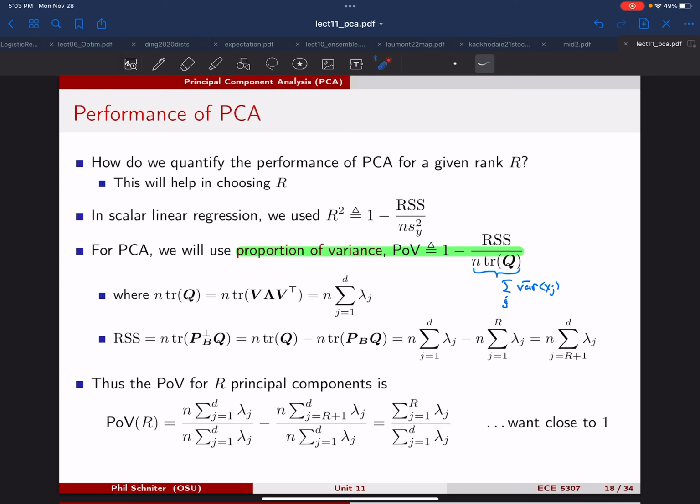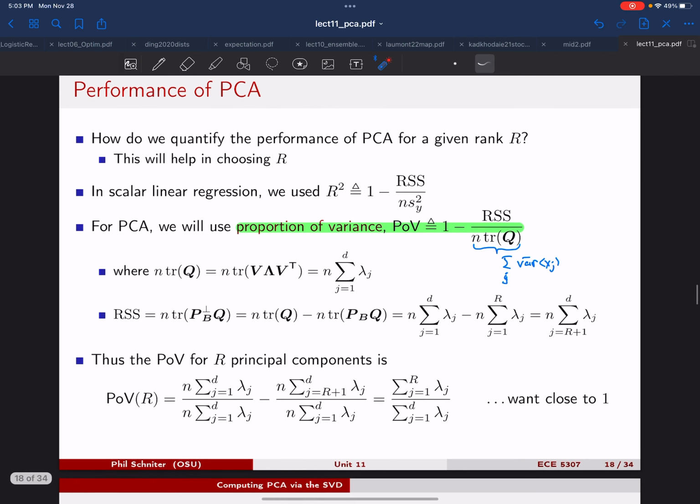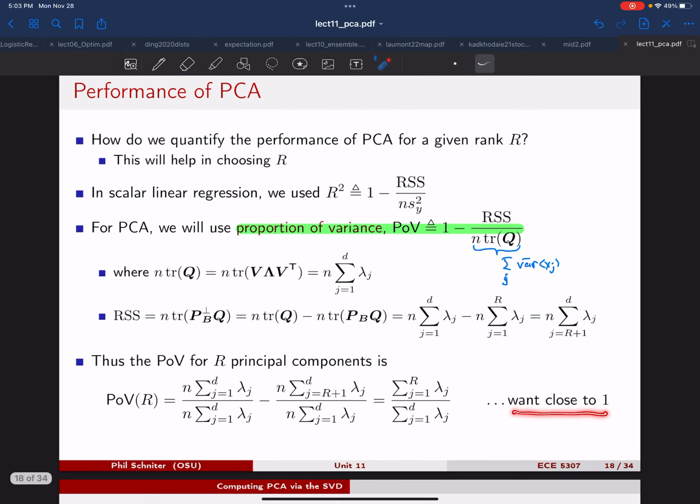That tells us how good of a fit PCA is going to give us. And again, just like with R squared, we want this to be close to 1. As r grows all the way to d, you definitely get 1. But as r shrinks from d, you lose a certain amount that depends on how small or how large those tail eigenvalues are, the smallest ones. They're the ones that account for the difference between numerator and denominator.